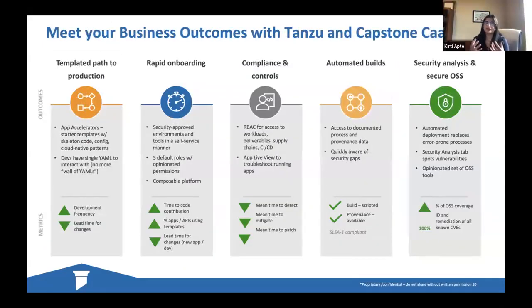So with that, Tanzu, I just mentioned lots of capabilities are built into this platform. But how do you measure your success, right? So Tanzu offers a comprehensive set of tools and services to help your enterprises achieve various business outcomes.